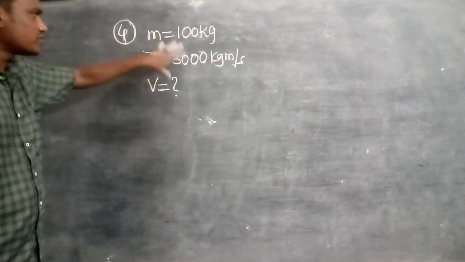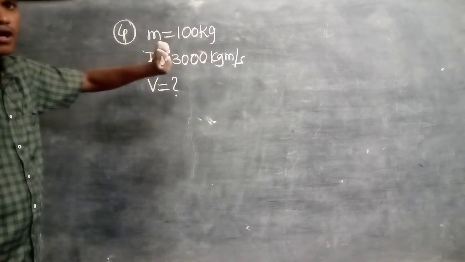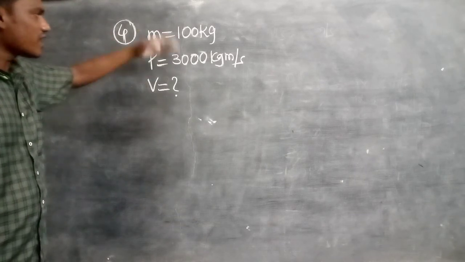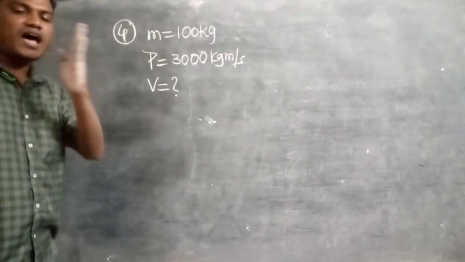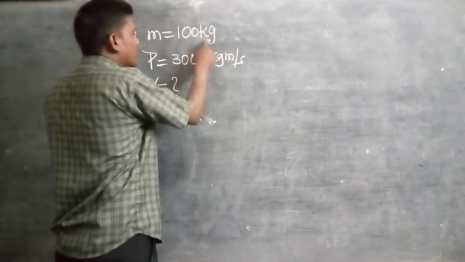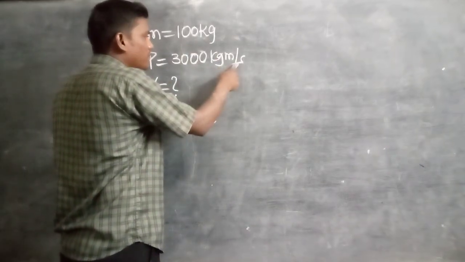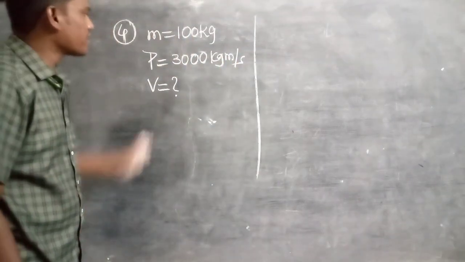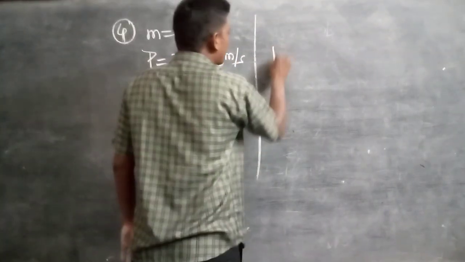Before you substitute these values in a suitable formula regarding the numerical, first check whether the given physical quantities are in the same system of units or not. Now here mass is in kg, momentum in kilogram meter per second, both are in which one? SI unit only. That's right. So we can substitute directly. What is our formula?